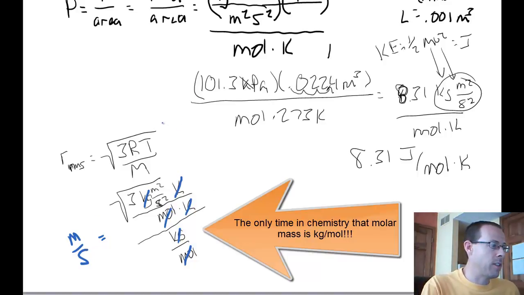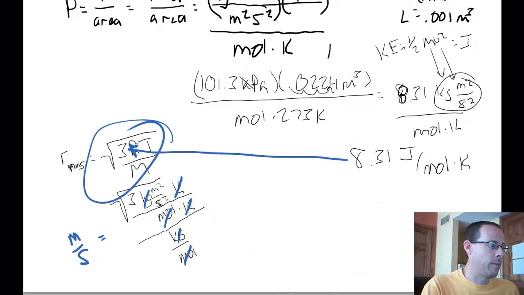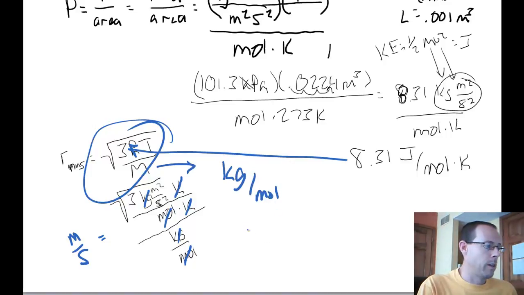So, a couple things with this equation. R is the 8.31 R, and molar mass is in kilograms per mole. Right? And what that's going to do is, at a given temperature, it'll tell you what the root mean square, or the average speed of molecules are of a specific mass at a given temperature.